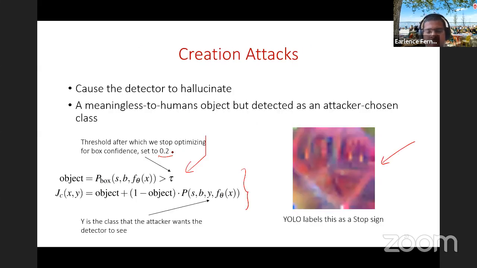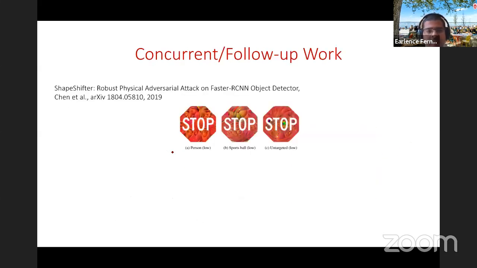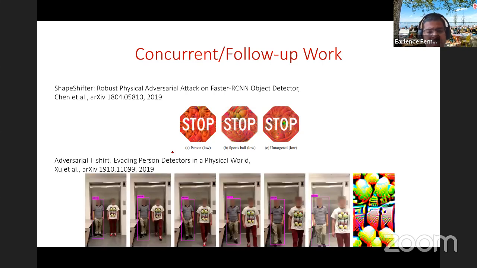That is the extent of what we did in that paper. Around that time, this was an active area with a lot of concurrent work and follow-up work. There's another attack called Shapeshifter that did similar styles of attacks on Faster RCNN. So we did YOLO V2, this paper did Faster RCNN, and you have similar results on these detectors. Of course, there is even more recent work.